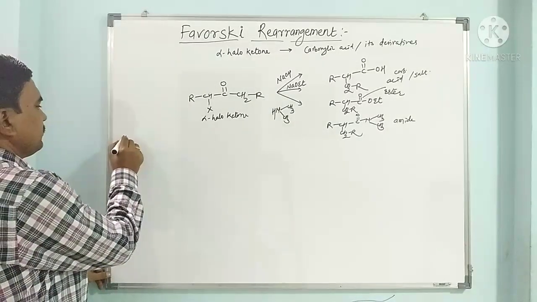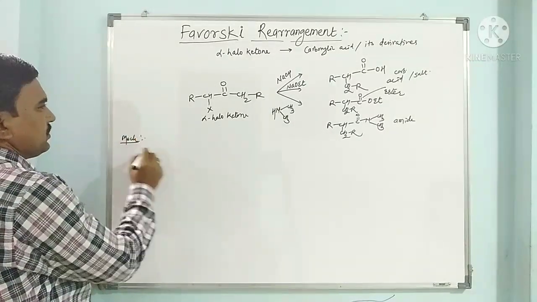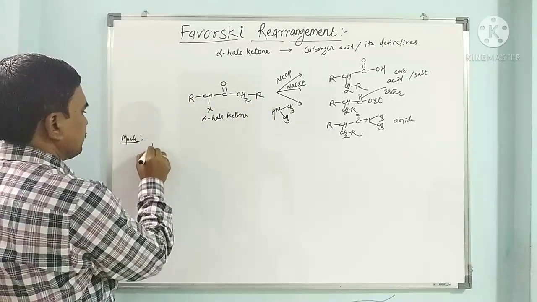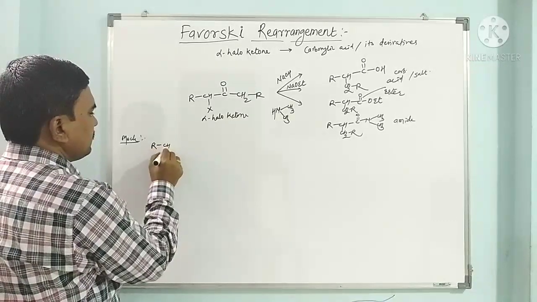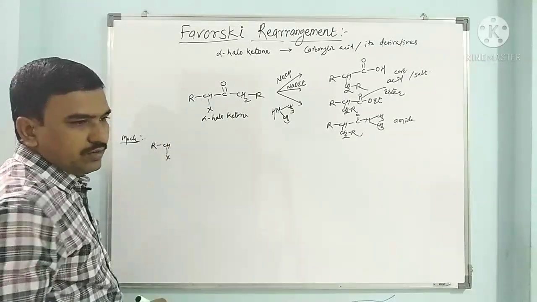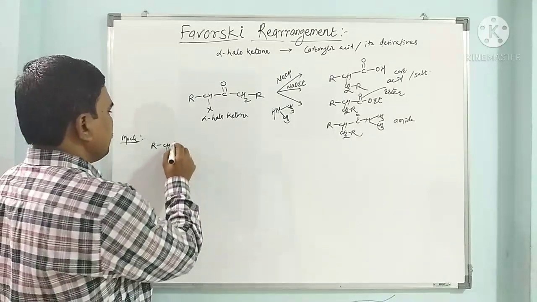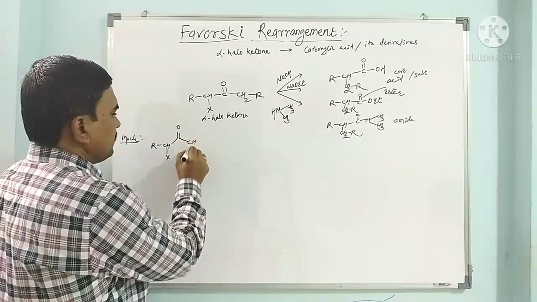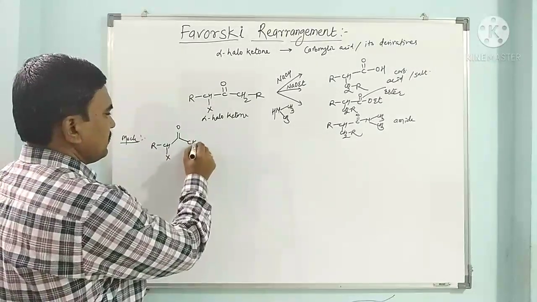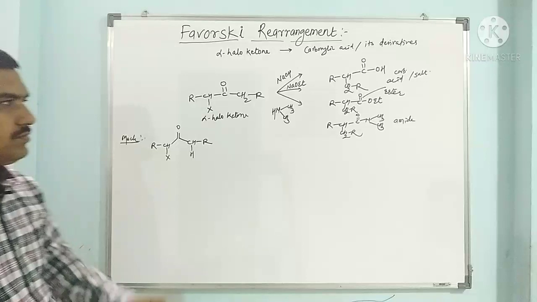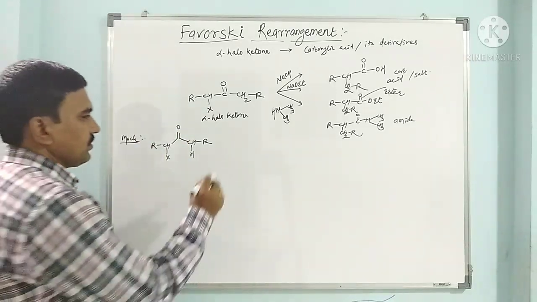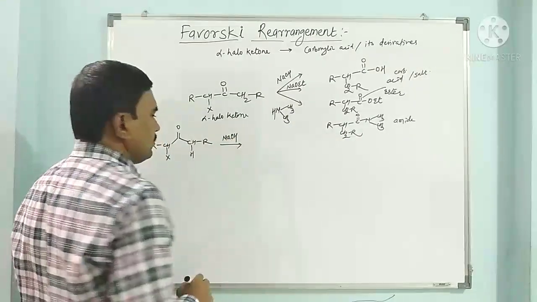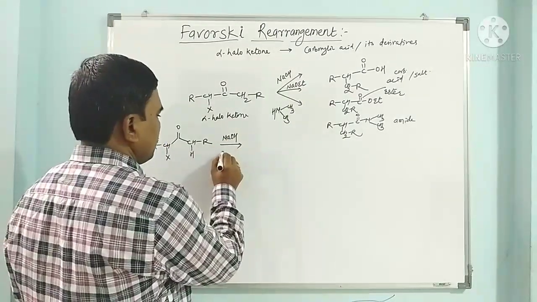We have to see the mechanism of this example with NaOH. When R, CH, here there is X, this is halogen, it can be chlorine, it can be bromine, CO, CH, now we have to write here this another H, this R. Now when it is treated with NaOH, we know NaOH is a base.